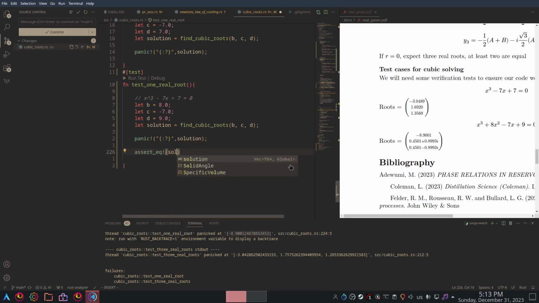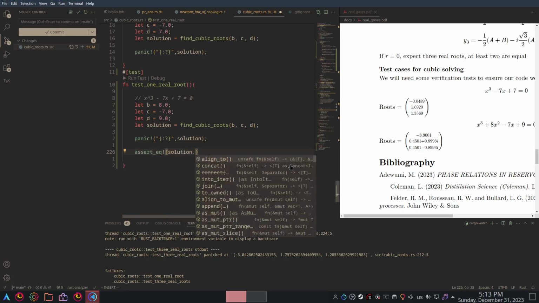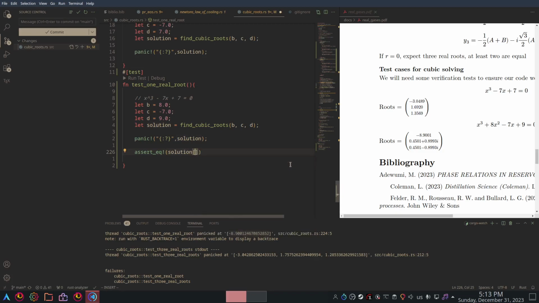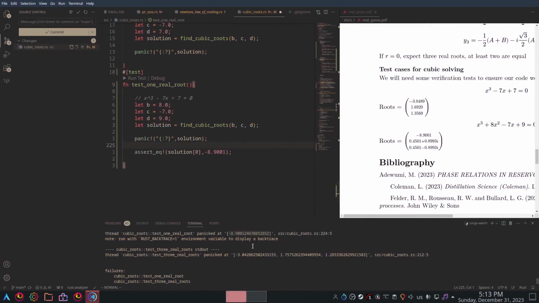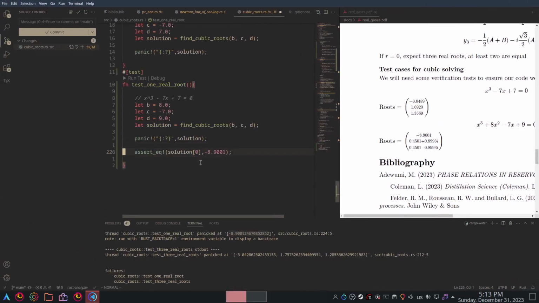I'm going to put the solution, get the first element of the solution, which is usually 0, and put minus 8.9001. So that is how I'm going to do it. Unfortunately, that's going to have an error, because you actually have to get these floats to the last decimal point in order to make sure they're exactly equal. So let me show you what I mean. I'm going to take out this panic.